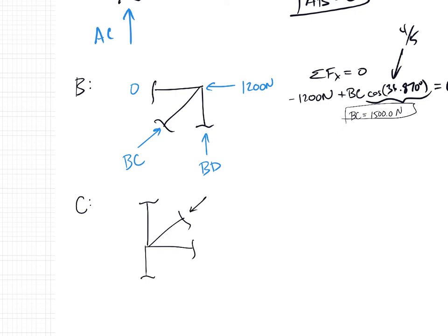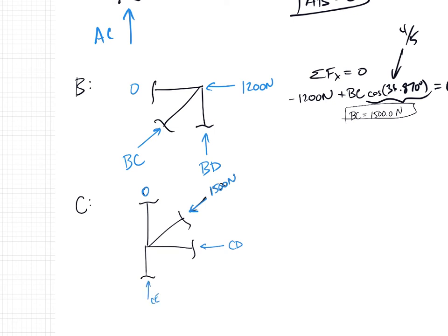I've got 1500 on this angle, and a big fat 0 on this one. Oh yeah, we're supposed to be doing this in blue. Blue, 1500 newtons. I've got CD, I like to assume compression, and this is CE.